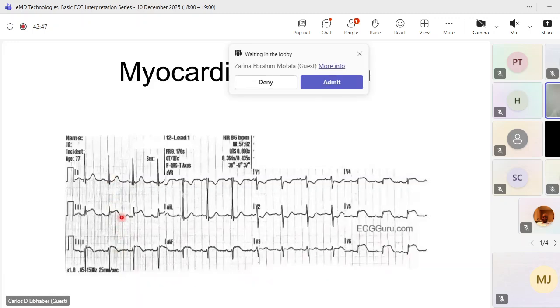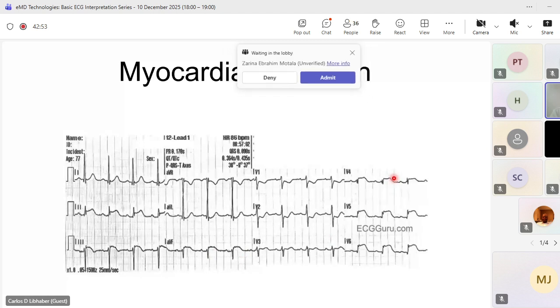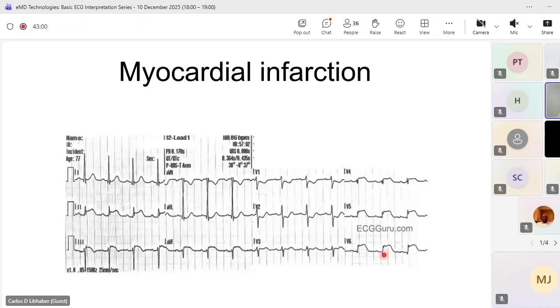This is 2 and 3, and AVF. On the other side, V3, V4, V5, V6. Where is the ST elevation? Remember, lead 2, lead 3, AVF is inferior. V4, V5, V6 is lateral. So inferolateral.